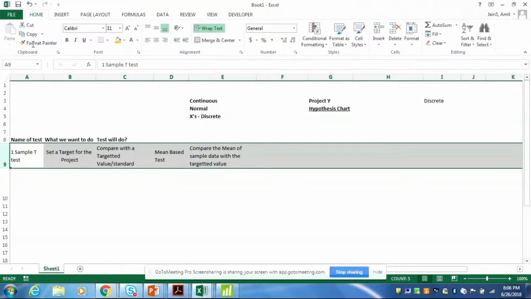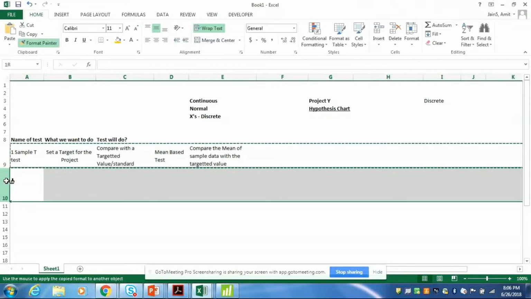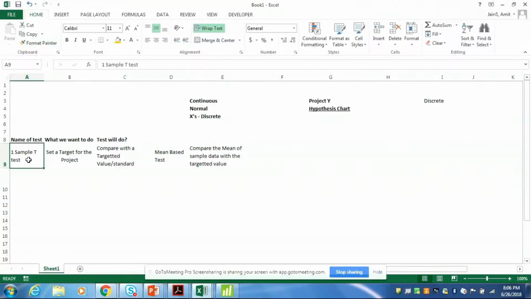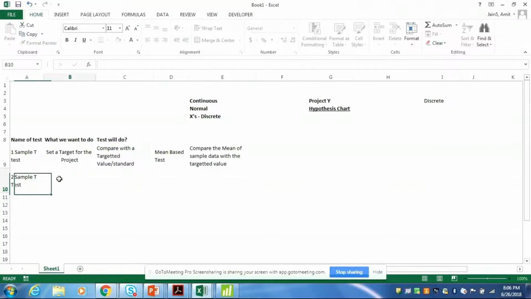Okay, now that was when you're comparing a sample with a targeted value. Now there is something known as two sample t-test. What this test will do is compare two samples with each other.